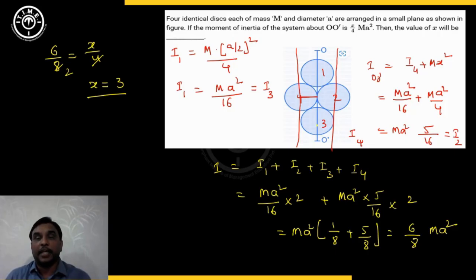Similarly, I applied the parallel axis theorem for disc 2 and disc 4. About its own axis it is ma square by 16, and the perpendicular distance equals the radius of the disc, a by 2 whole square, a square by 4. So the LCM 16, 1 plus 4, gives 5 by 16 ma square. Then we calculated the total.